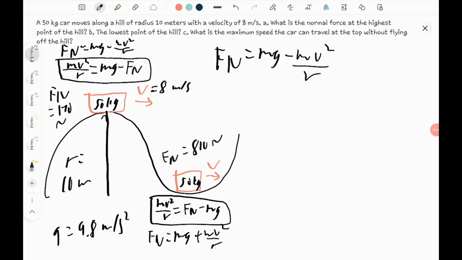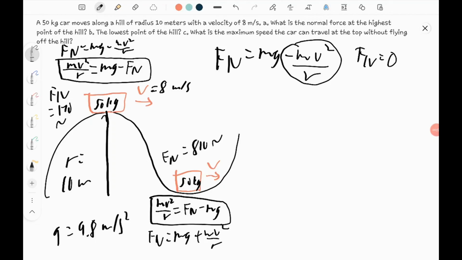So if the car flies off the hill, then it's only subject to the gravity force. There's no more normal force. So the question here is, what is the largest value we can make this before Fn is equal to 0? Because when Fn is equal to 0, that's the minimum. If Fn is a negative number, that's not even possible.